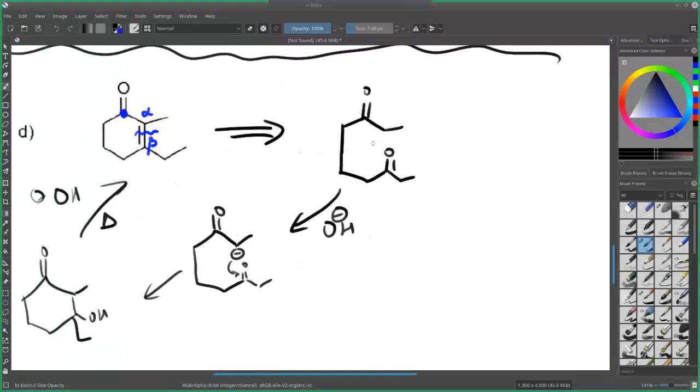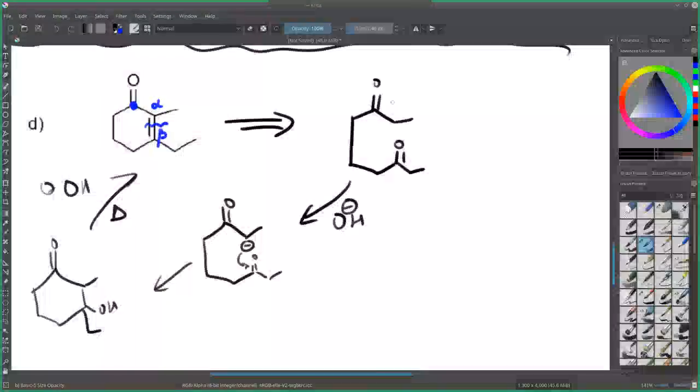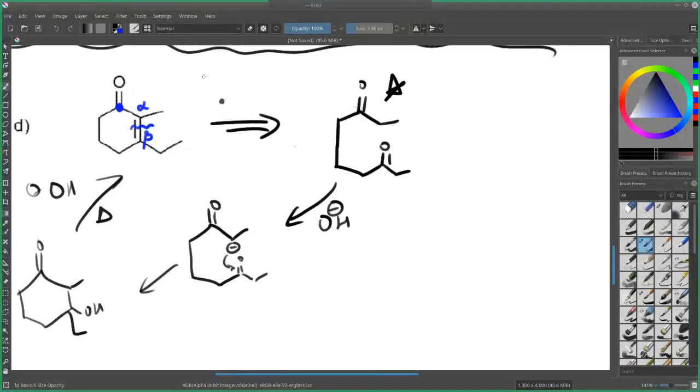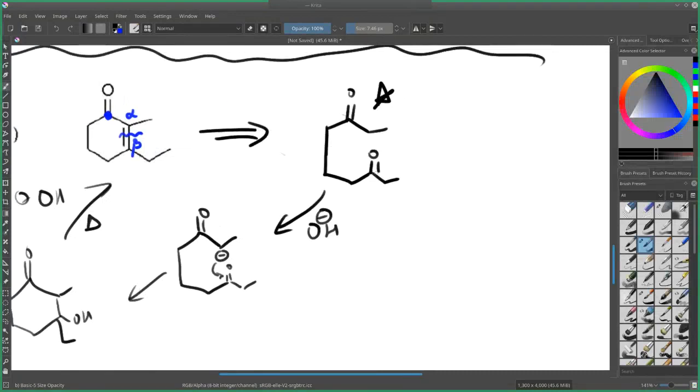But the question is how you actually make this thing over here. This is what we want to make. We have two ketones on the same molecule, and maybe one way to look at it, which is not the most intuitive, is that you have alpha, beta, gamma, and hey, look, this is a delta ketone.